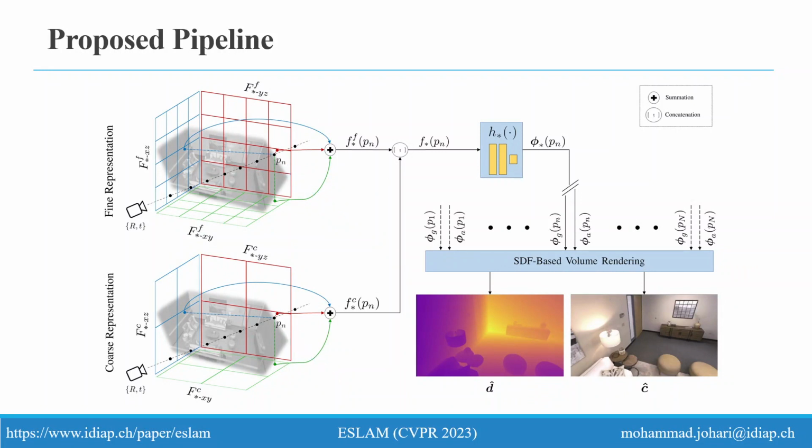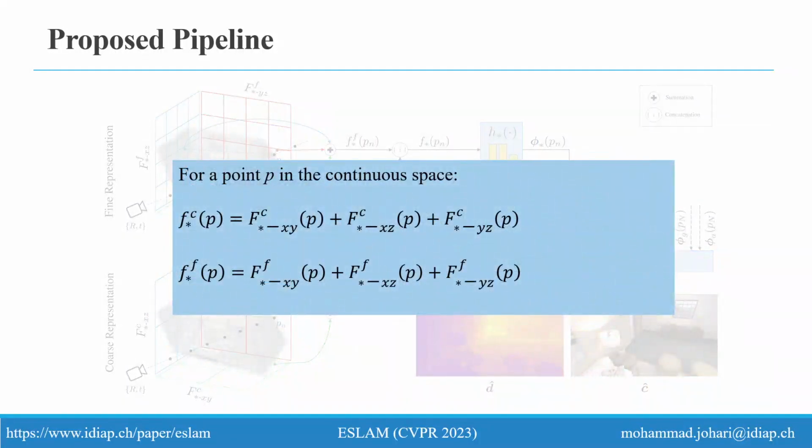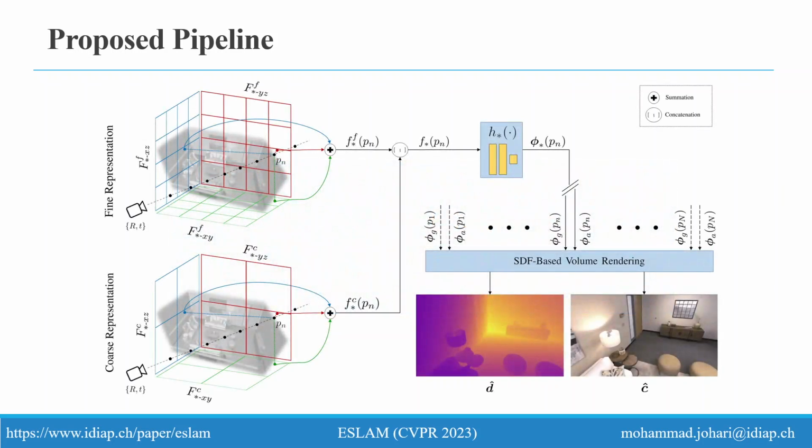Each point is projected onto feature planes, and the resulting interpolated features are added together for coarse and fine planes separately. We form the final feature for each point by concatenating its coarse and fine features.